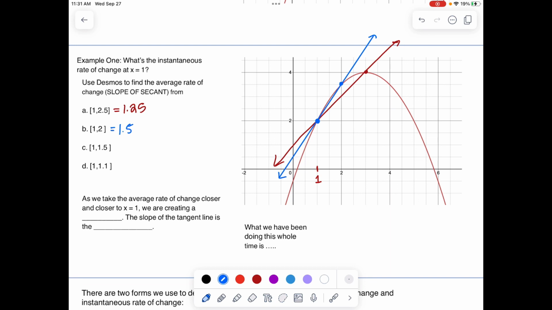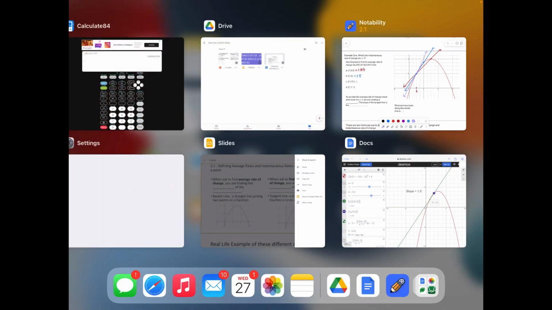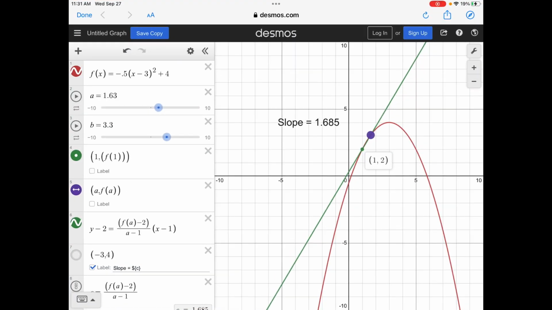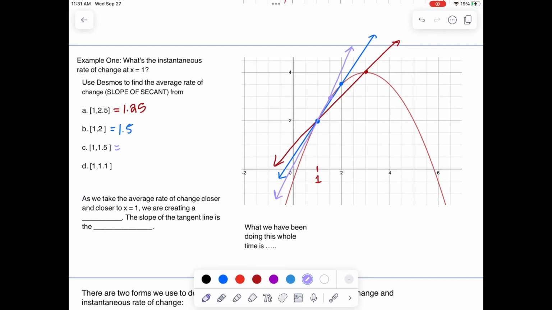I'm going to use another color. Let's use purple. Okay, so now I'm going from 1 to 1.5. Notice that these two x values are slowly getting closer and closer together. 1.5, okay, that says the slope is 1.75.